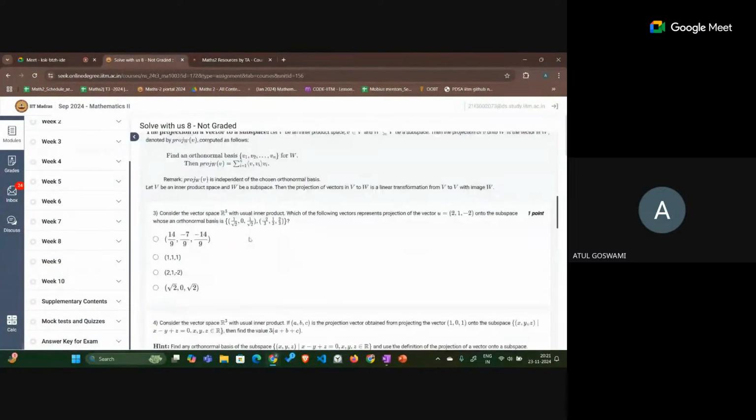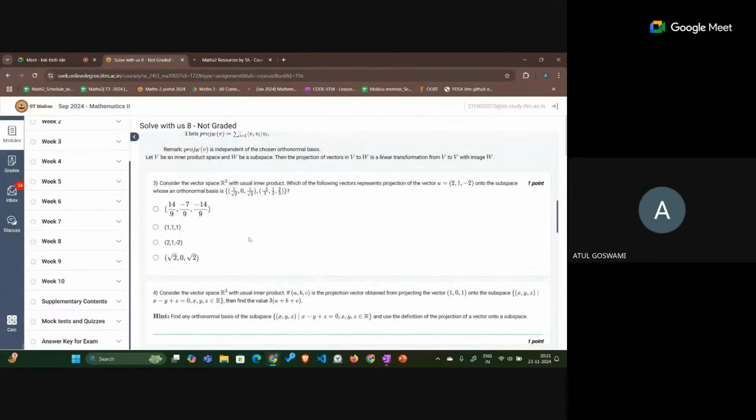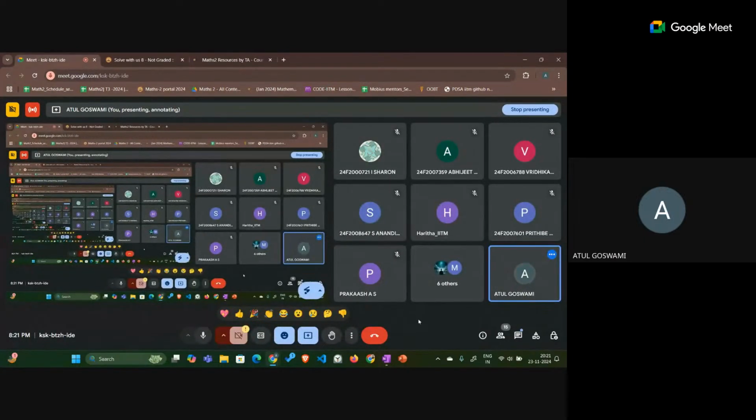This question number three of Solve with Us, who have solved and marked the answer? Please raise your hand. Okay, so I'm giving you more time. If at least one of you has solved it, then I will discuss.